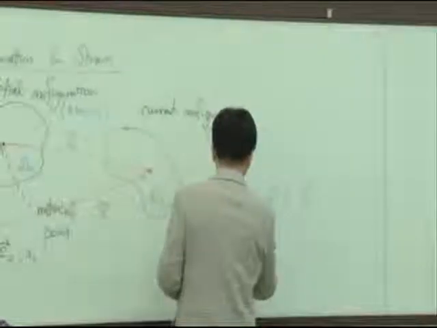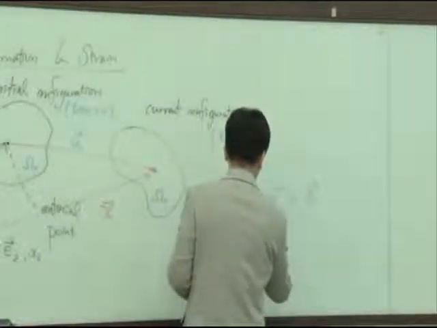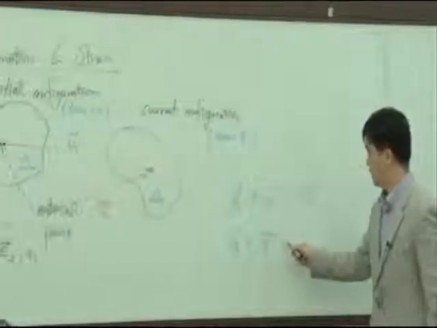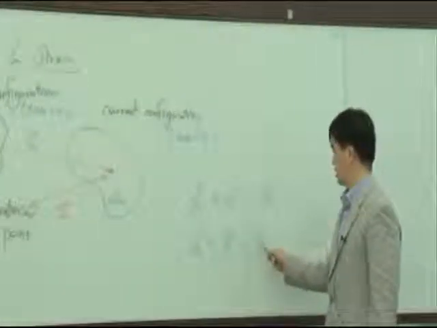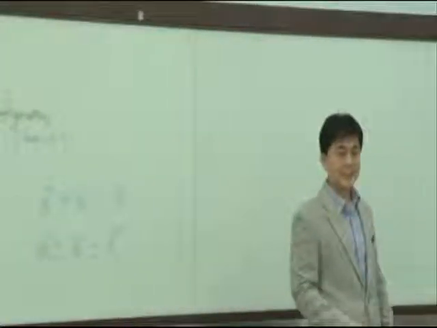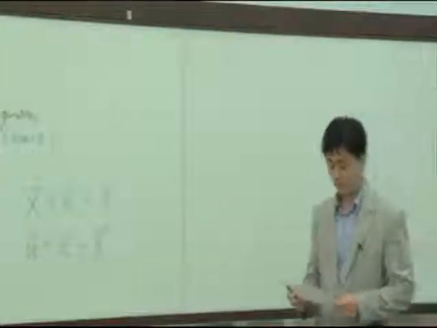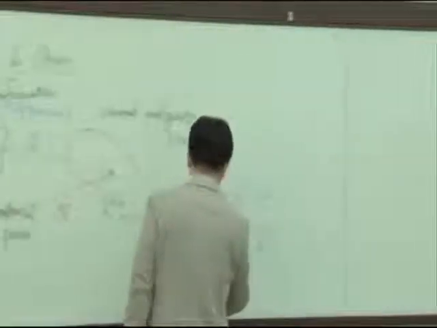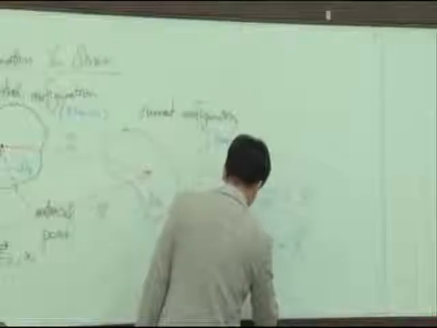In other words, u equals current material position minus initial material position. We say this u is a displacement vector.